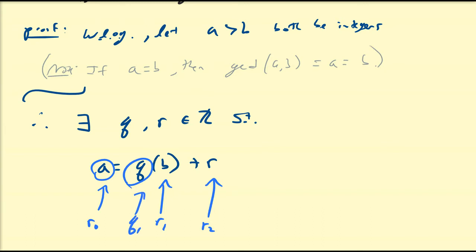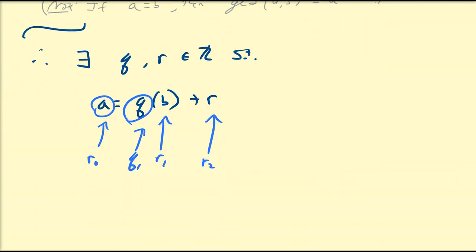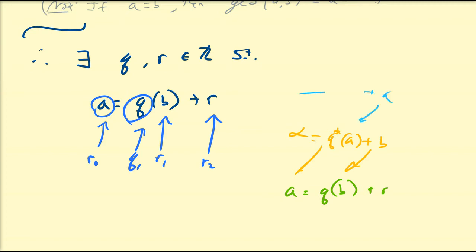All right, so why do I define A and B as if they are remainders? Let's take a quick glance at this. If I have A is equal to Q times B plus R, remember that B is coming from a previous step of the Euclidean algorithm, and A is coming from the parentheses there. So there's some Q star, some integer alpha over here, and that also forces A to come from a previous step somewhere above.